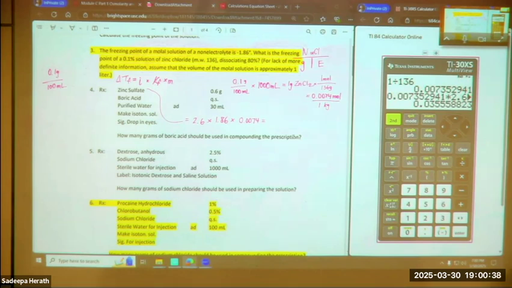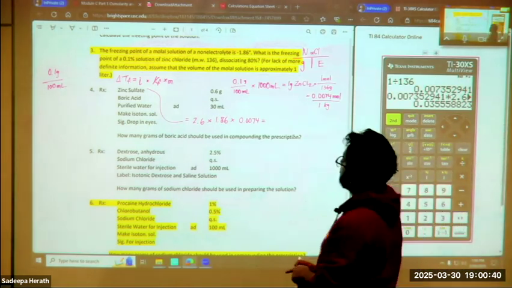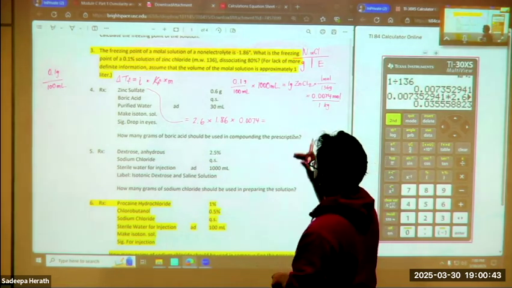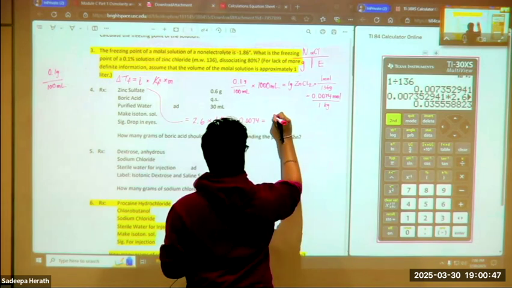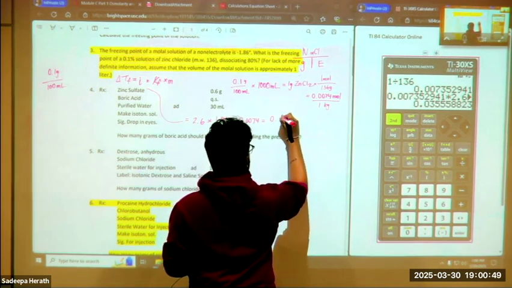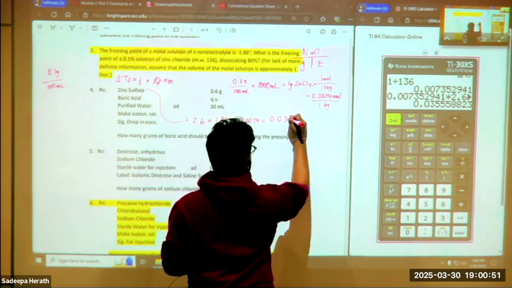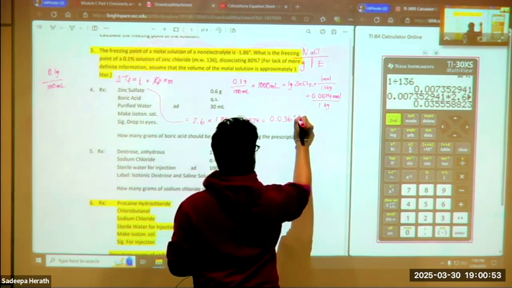Okay. So that's the answer that we get for the change of freezing temperature, 0.036 degrees Celsius.